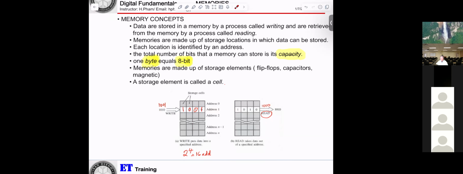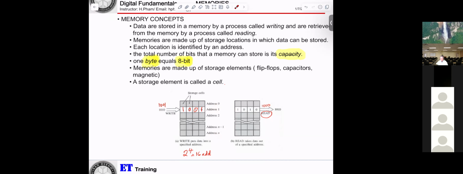Okay, now you see that one. This is the memory with 4 wires. So that means you can get from 0 to 15. Okay, this is address 0, and the last one will be address 15.